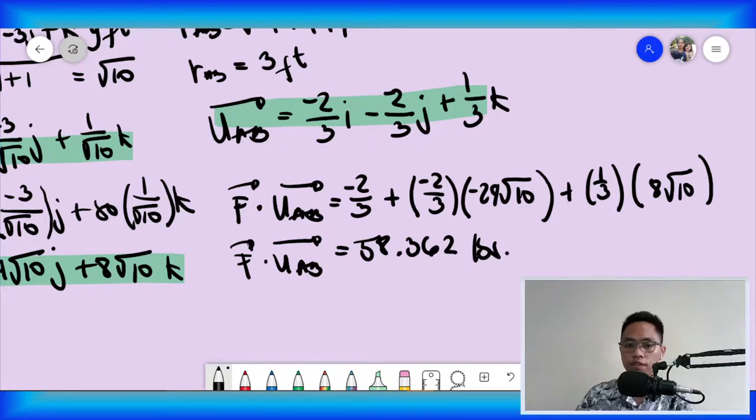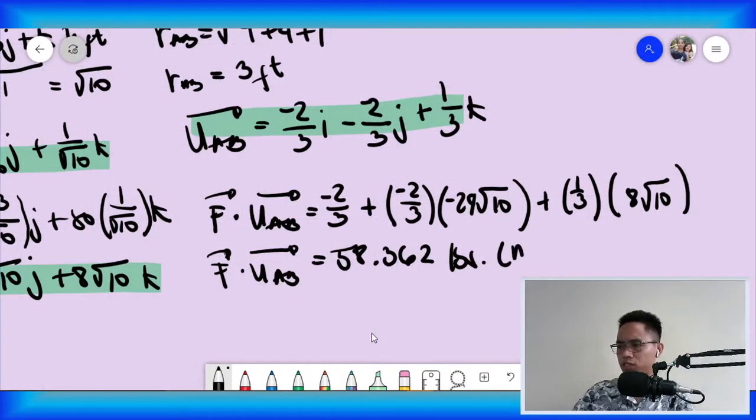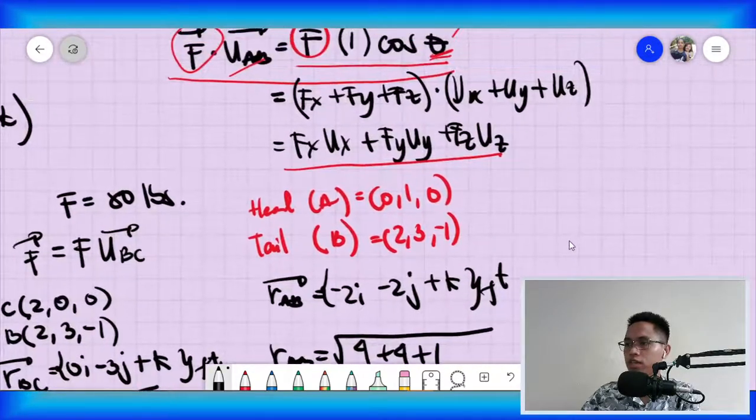Okay. The question is to identify the angle in between. So, I'm just gonna store this to A. Now, let's go back to the expression here.